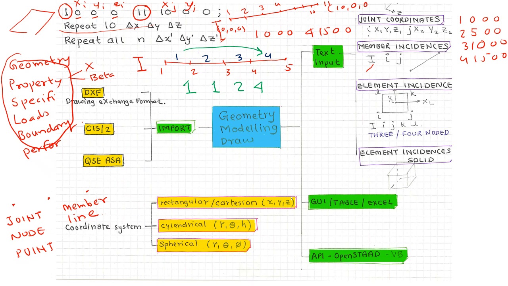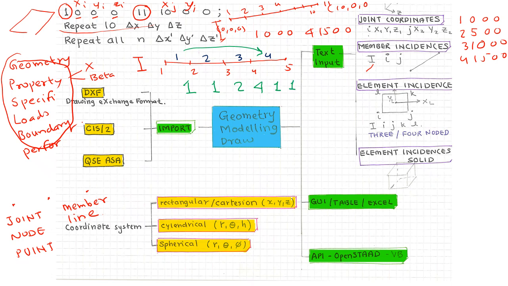So when you are doing this, the member number is increasing by 1. So this is the member increment ID, and for the nodes, say the first member was between 1 and 2, the next member is between 2 and 3. So the joint is getting jumped by 1.